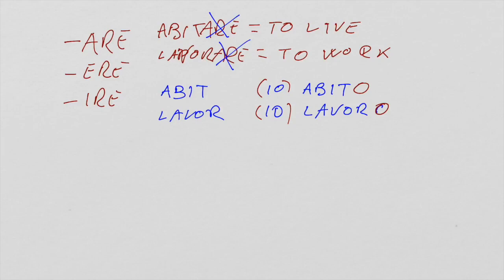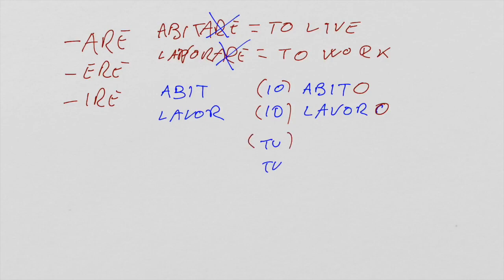I live, I work. Now, let's see how we form the tu form, the you singular form. So, you live and you work. We take the same exact root. Let me write tu first.